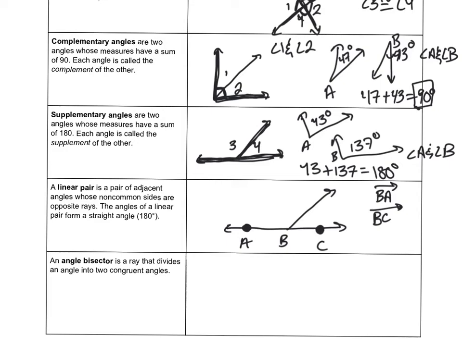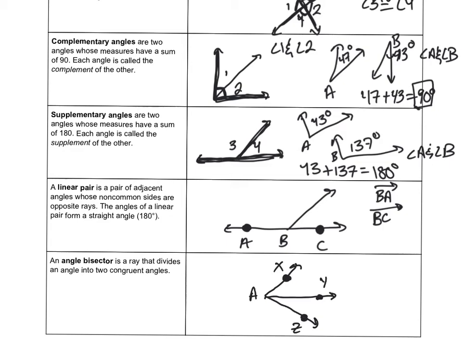So let's just say I have angle XAZ, and let's say we have ray AY that is our angle bisector. It bisects angle XAZ. Since it bisects angle XAZ, we now have two congruent angles.